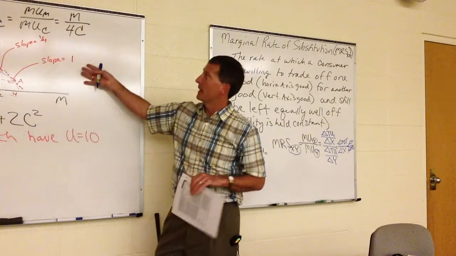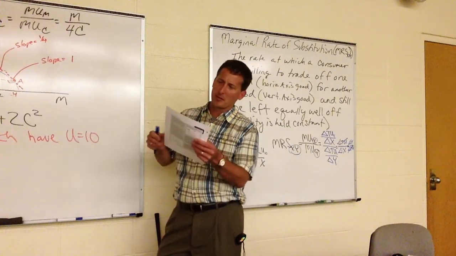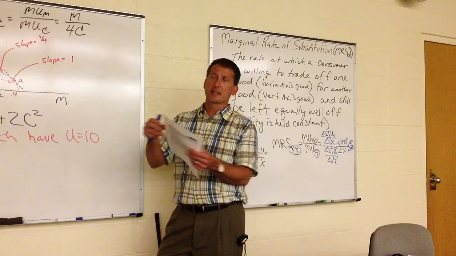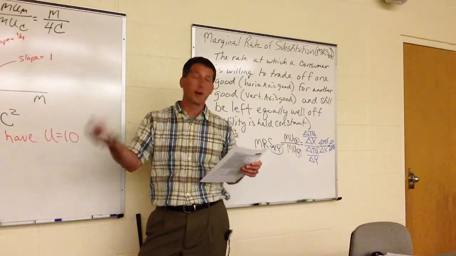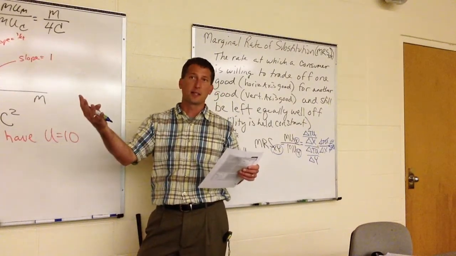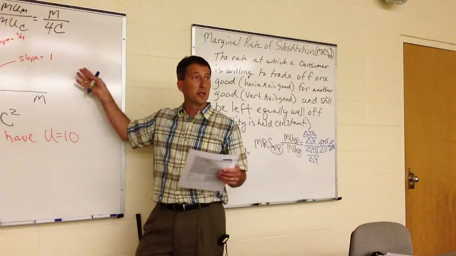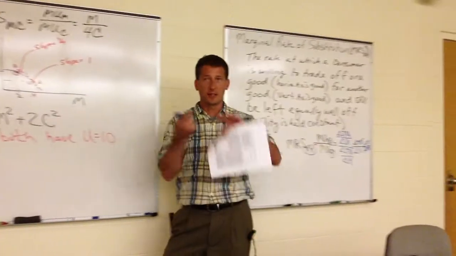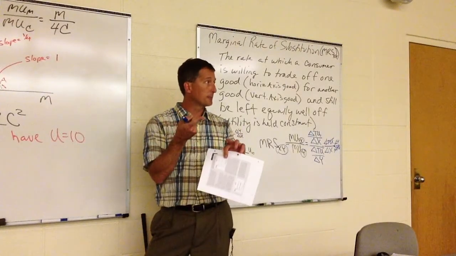Are Mariah's indifference curves convex? Another way of wording that would be, are Mariah's preferences in line with the 4 axioms of preference? And the answer would be no, because her indifference curves look like this, which don't make sense. It doesn't follow the law of diminishing marginal utility.